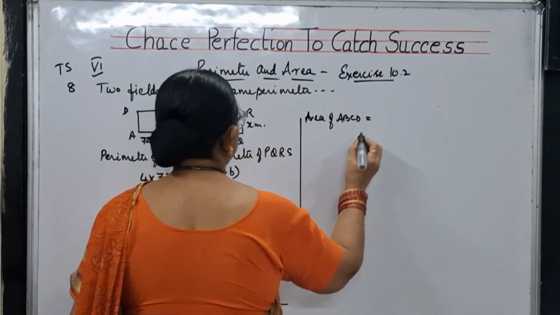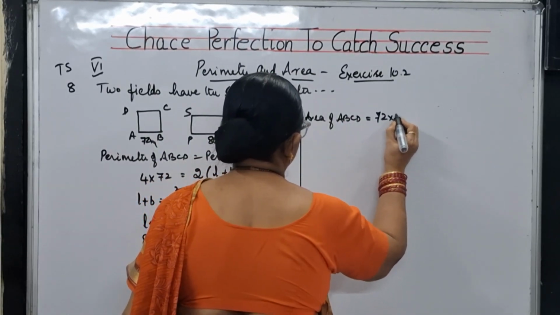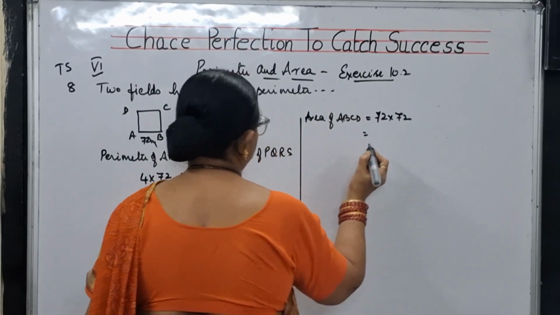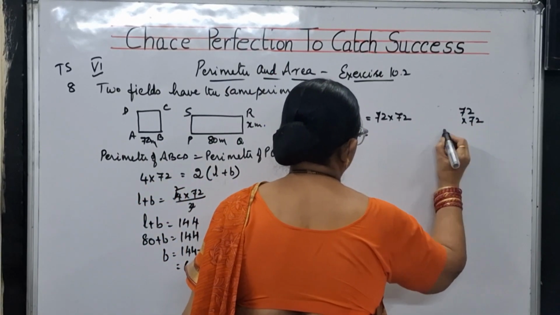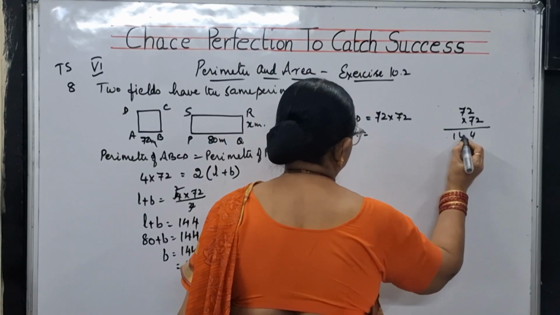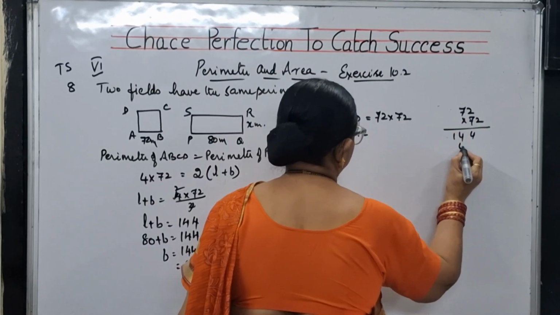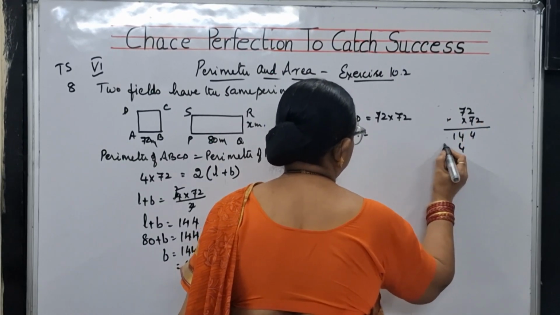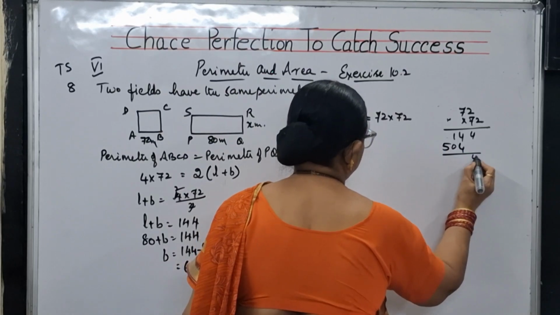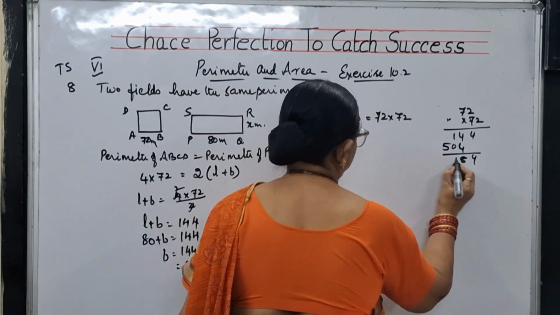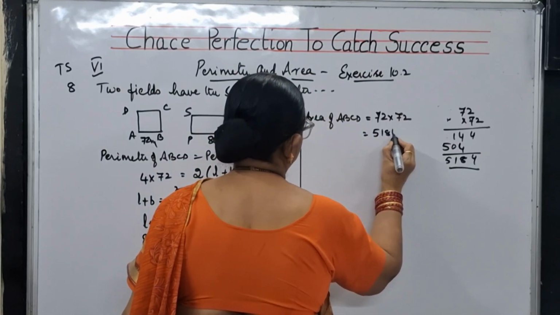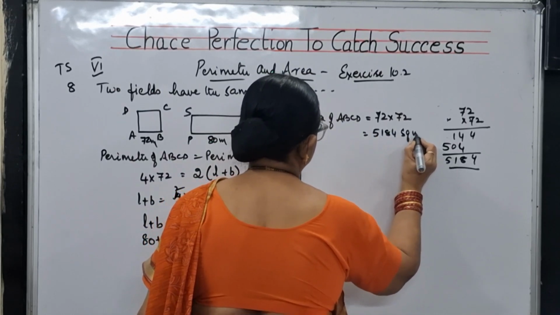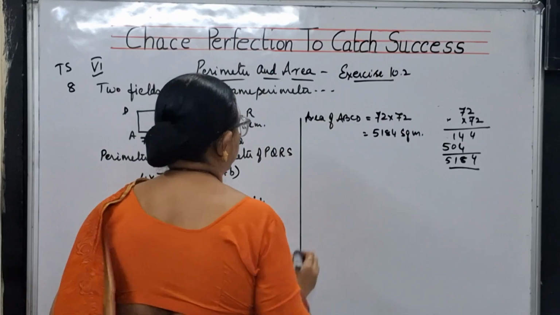What is area of ABCD? 72 into 72, side into side. So 72 into 72, 2 twos are 4, 2 sevens are 14, 2 sevens are 14, 7 sevens are 49, 50. So how much you are getting? 5184 square meters is the area of ABCD.